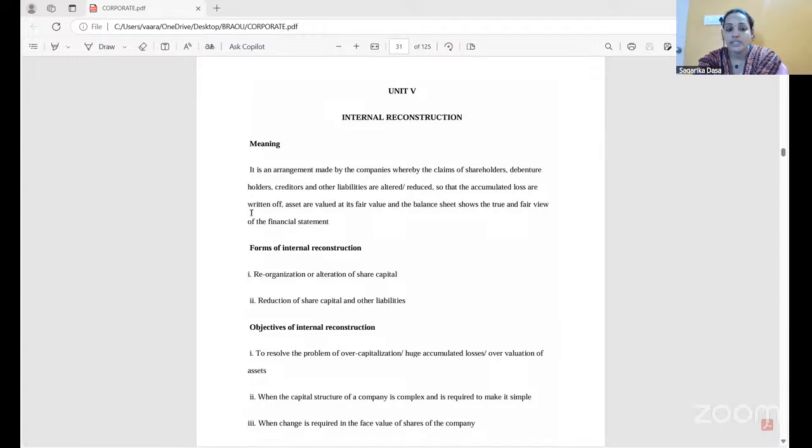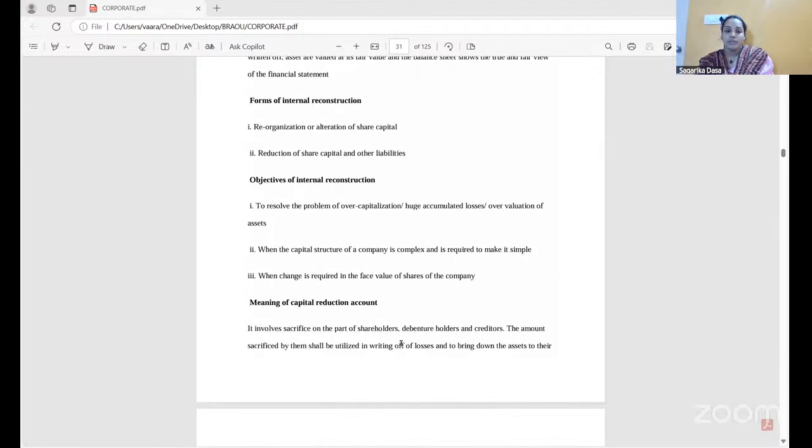That we call internal reconstruction, because within the organization, we are changing its capital or any other liabilities, which is confined to only internal parties. Now, why does the company go with internal reconstruction? To solve the problem of overcapitalization.